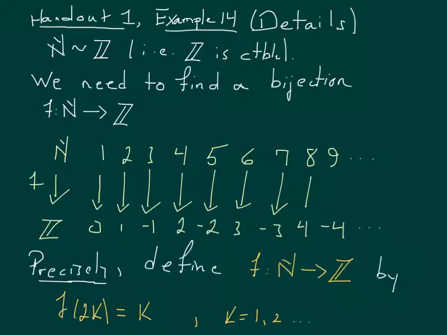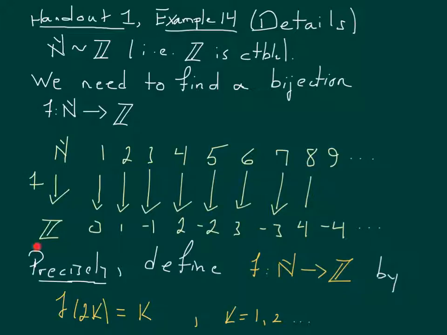So we were trying to show that Z is countable. In other words, there's a bijection from N onto Z. So that's what we were trying to find. And so what did we need? We needed a bijection, in other words, a one-to-one and surjective, or onto, map f mapping N onto Z. And essentially, if you're trying to show that a set is countable, what do you need to do?